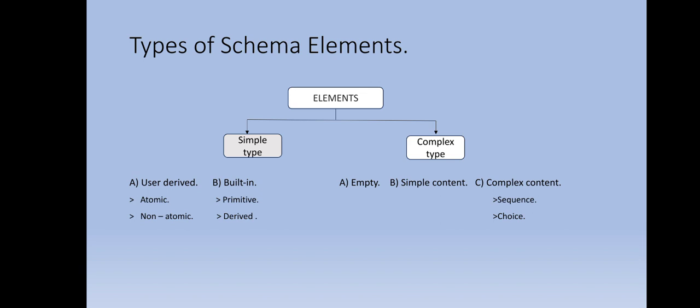Complex types may also have mixed content, which is a combination of text and child elements. And it is also possible to have no content, meaning they are empty, but they may have attributes. Thank you.